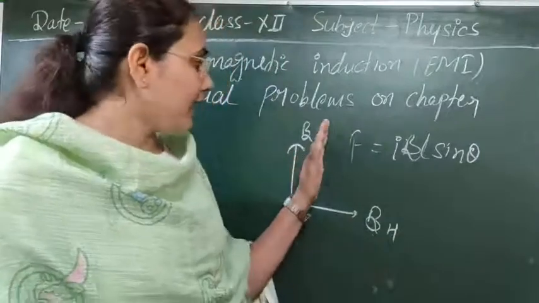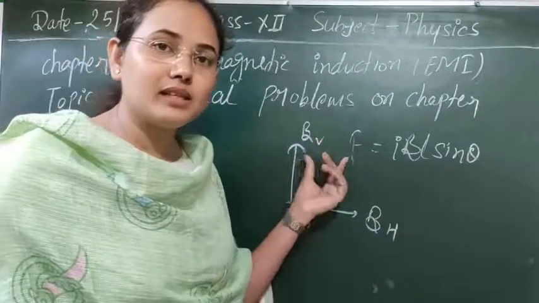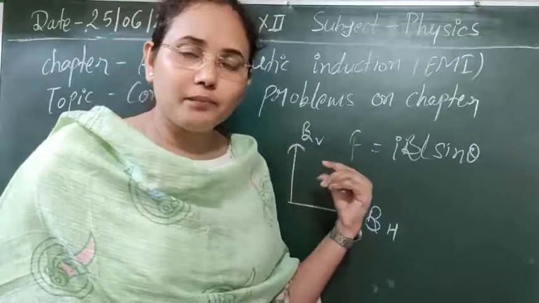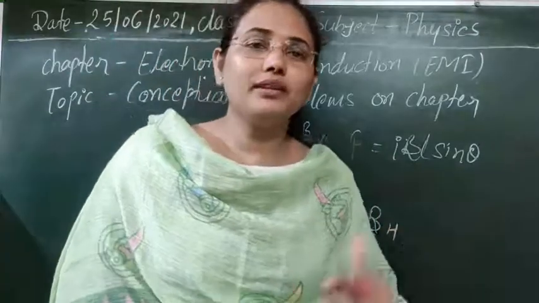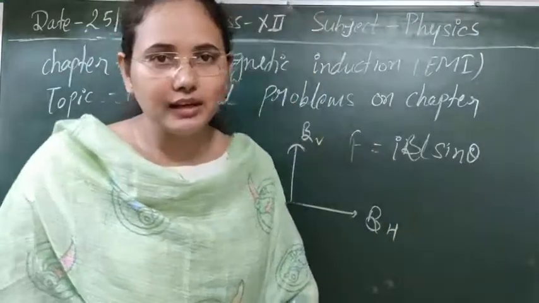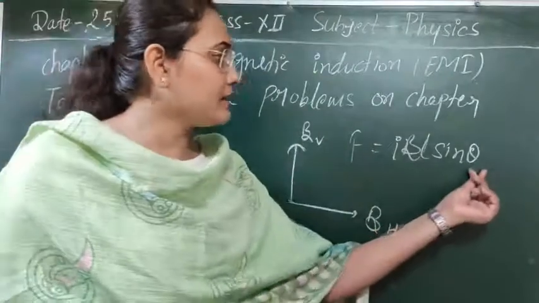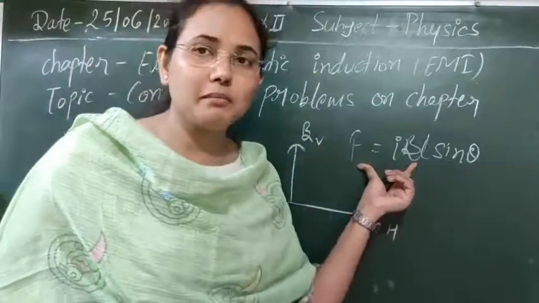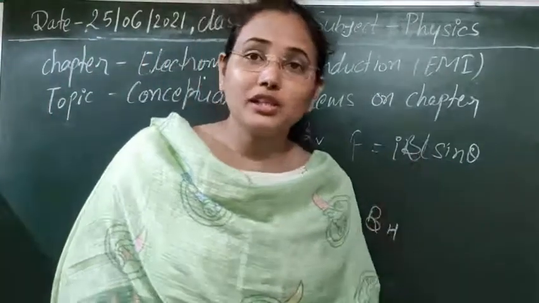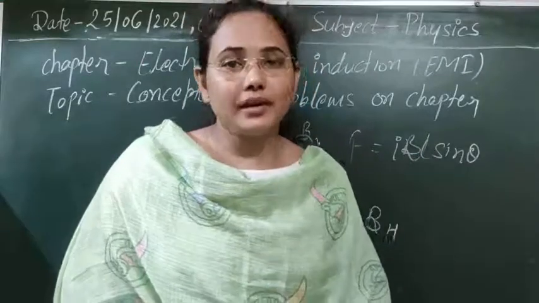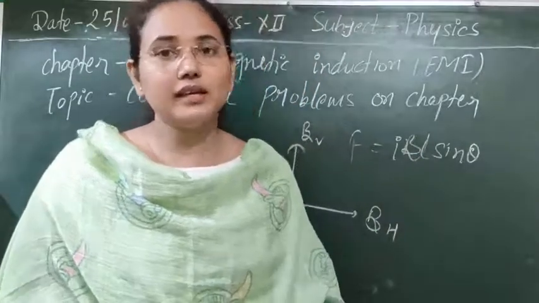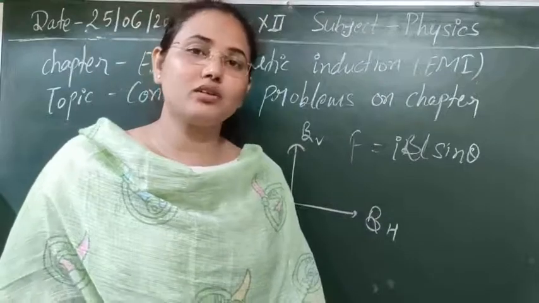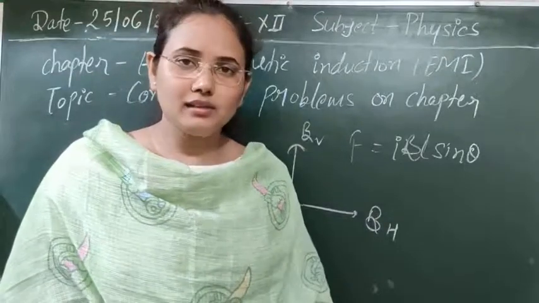But here you can see this one is 90 degrees to the motion of the train. So theta is 90, and it will experience a maximum force here, and due to this, flux will change, and due to the change in flux, obviously induced EMF will be generated across its axle. Clear? I think that is now clear.